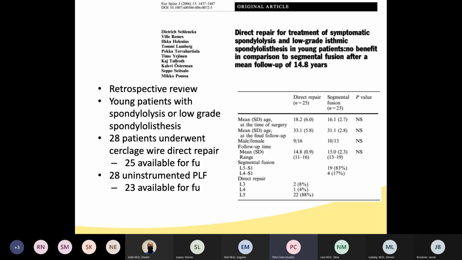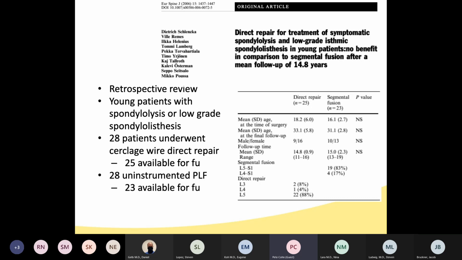This was a study in Europe where they looked back at young patients, I think all less than 30, in their teens on average, who were treated for spondylolysis or low-grade isthmic spondylolisthesis with either a cerclage wire for direct repair versus a fusion, which could have been a 1 or 2 level fusion, uninstrumented.